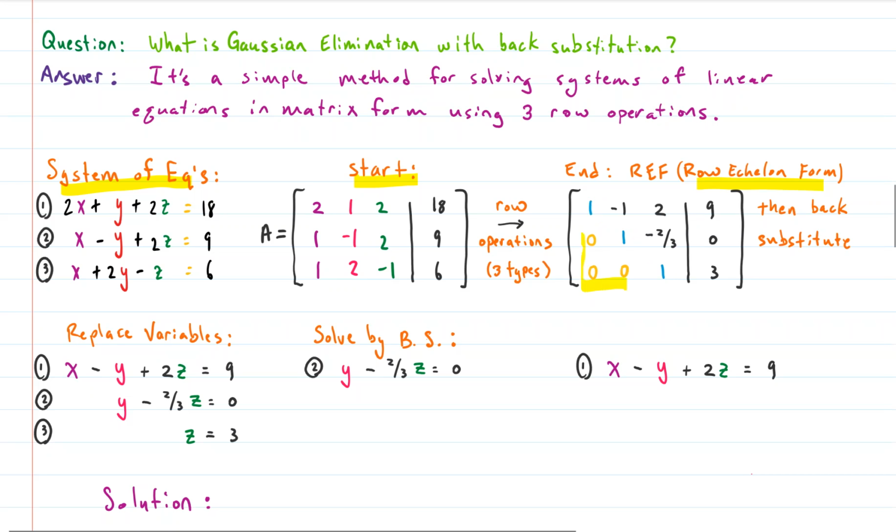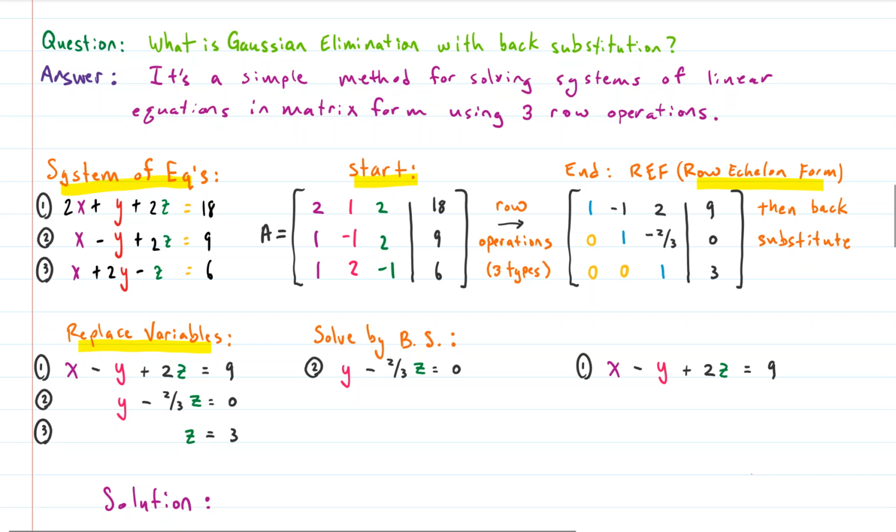And then we back substitute. After we finish getting our matrix using row operations into row echelon form, or rref, then we back substitute. And you back substitute by putting back in all of the variables once you're in rref. You throw all the variables back in, and then you just solve the system.